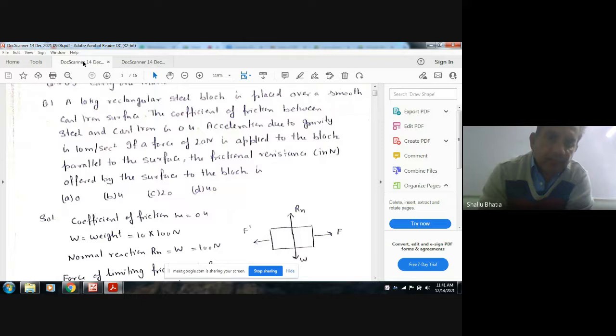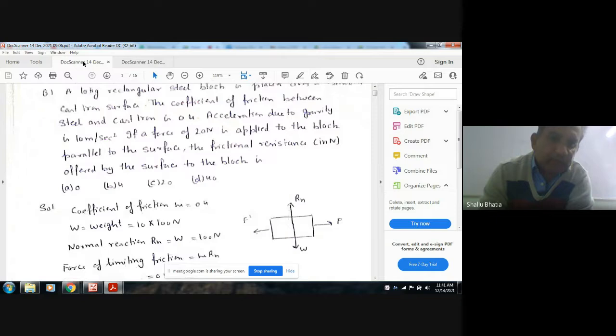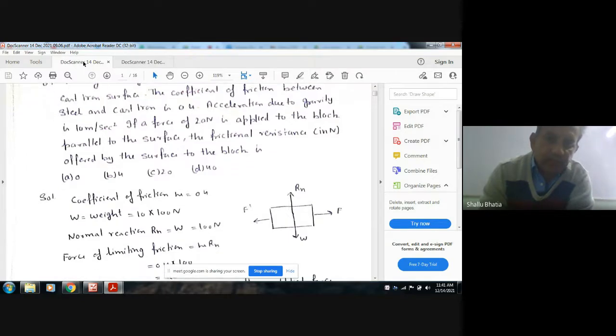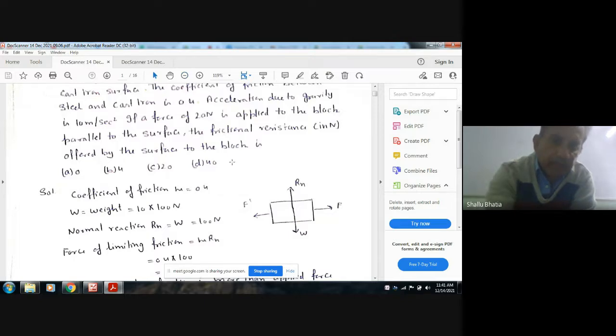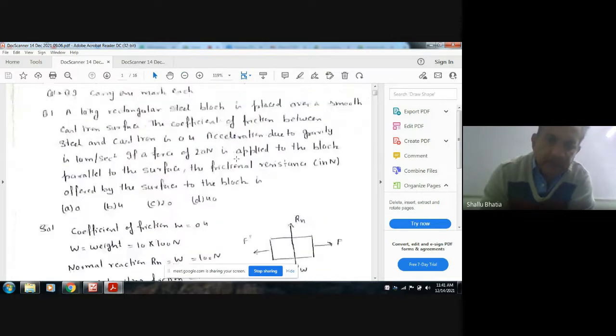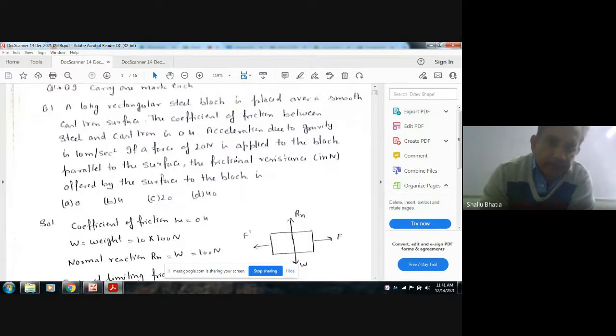If a force of 20 Newton is applied to the block parallel to the surface, the frictional resistance in Newton offered by the surface to the block is? So suppose this is the block and the weight of the block is W, R is in the normal direction, F dash is the force of friction and F is the force applied. Now the force applied is 20 Newton.